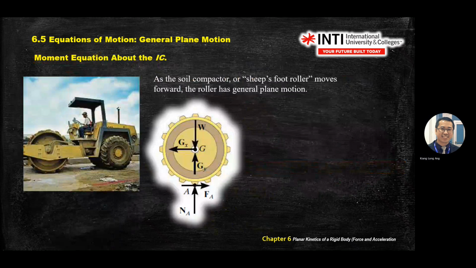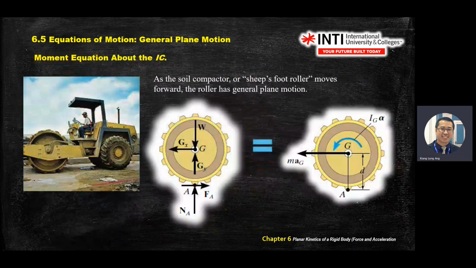If this moves forward, this wheel will rotate anti-clockwise. When it rotates anti-clockwise in contact with the surface, you have a friction force. There is also a normal force.